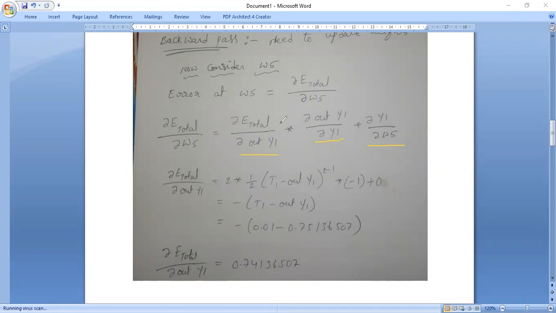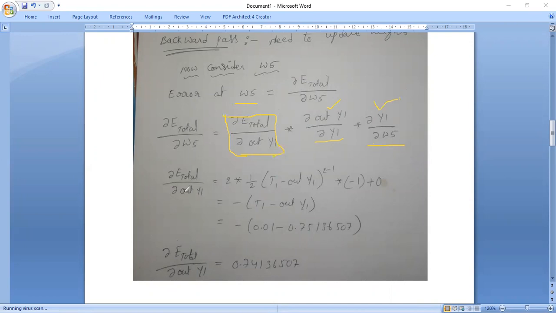That's why for W5 we have this 3-step procedure. We will calculate them one by one, first this one, then the second, then the third. Finally, we'll get the value for dou E total by dou W5.